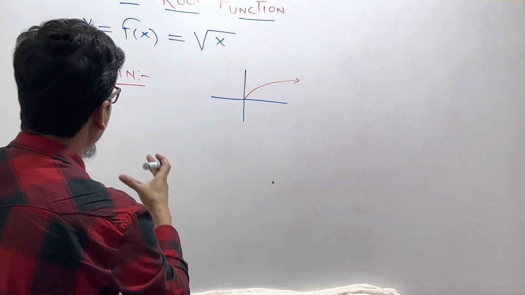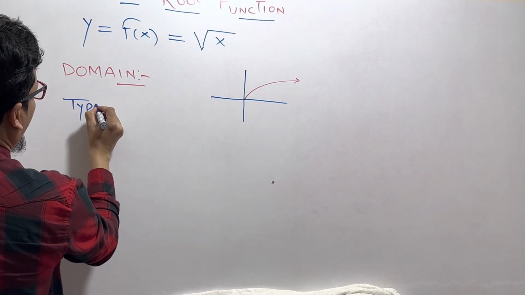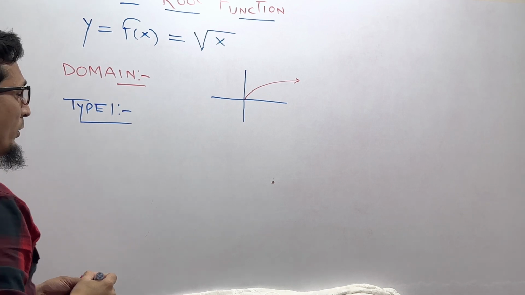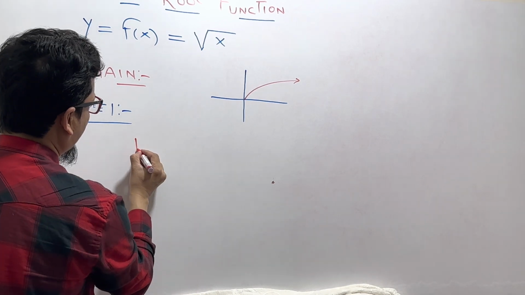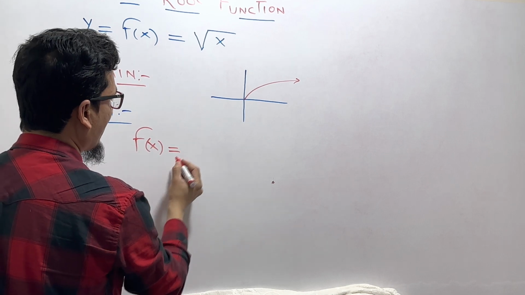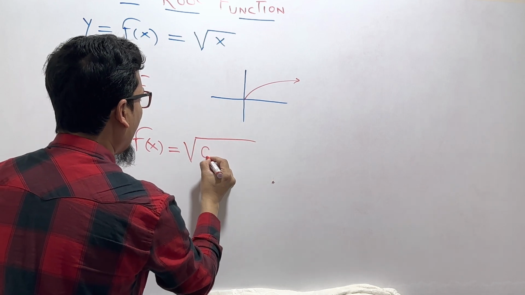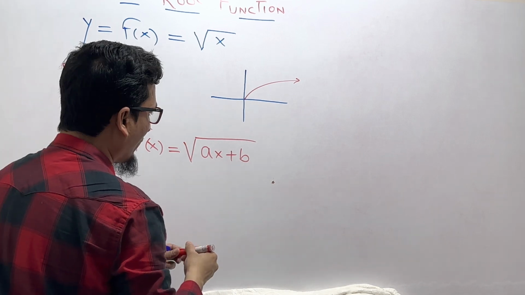So number one, type 1. What is type 1? It means you have a linear function, f(x) is equal to square root of ax plus b. And this is the linear function.